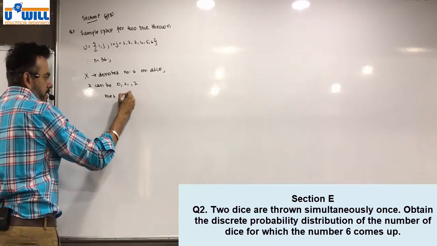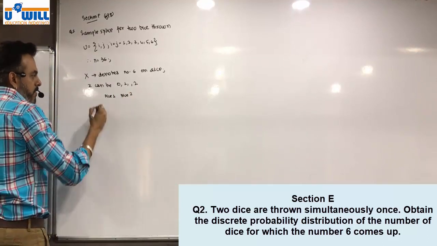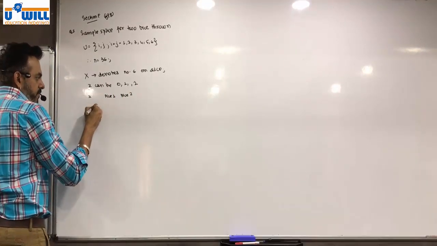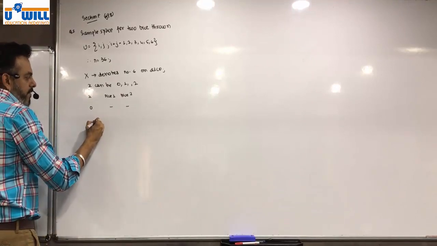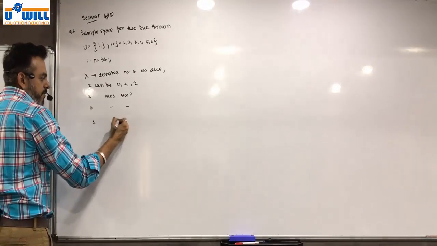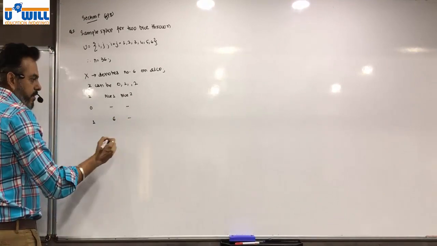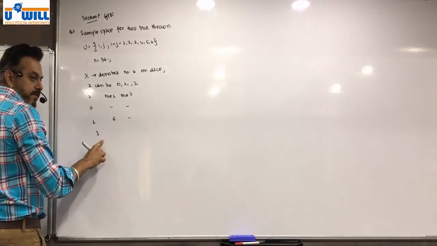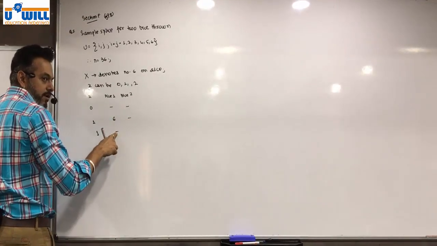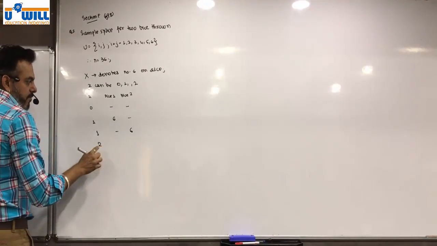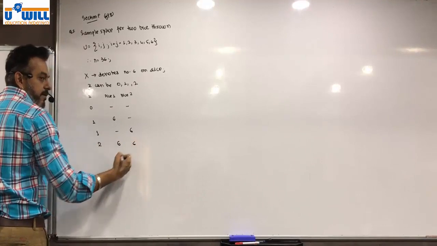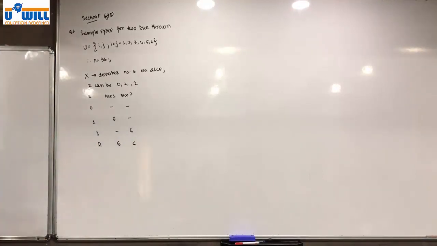Dice 1, dice 2. When x is 0, no 6 over here. When x is 1, 6 over here and anything over here, or any number over here and 6 over here, and when x is 2, it is 6 and 6. You understood the possibility?